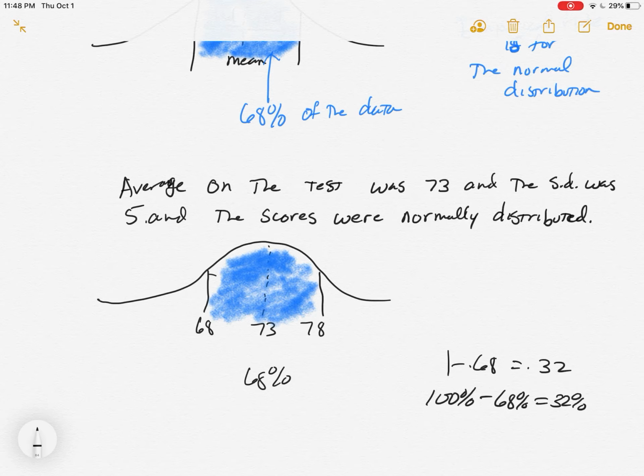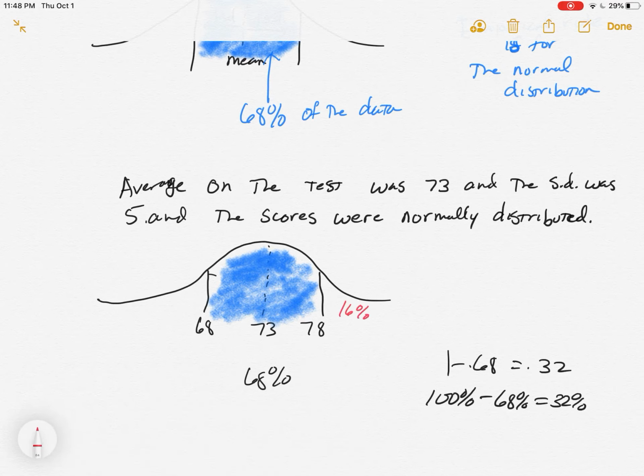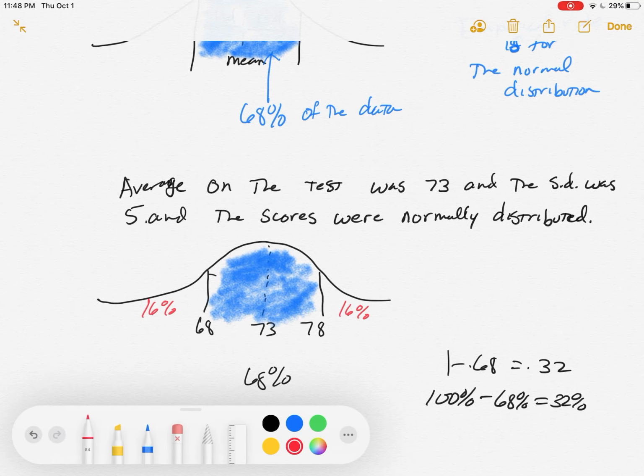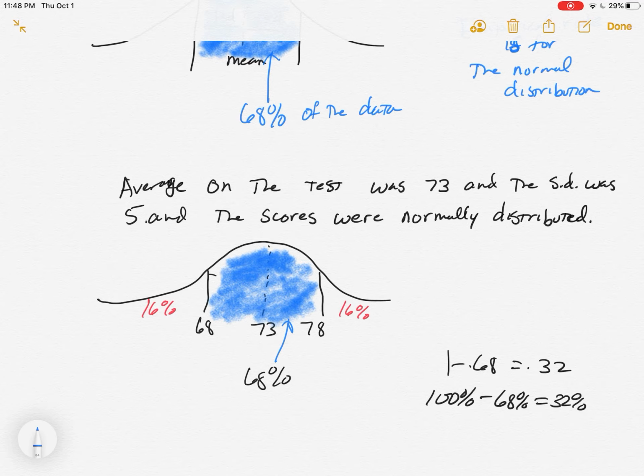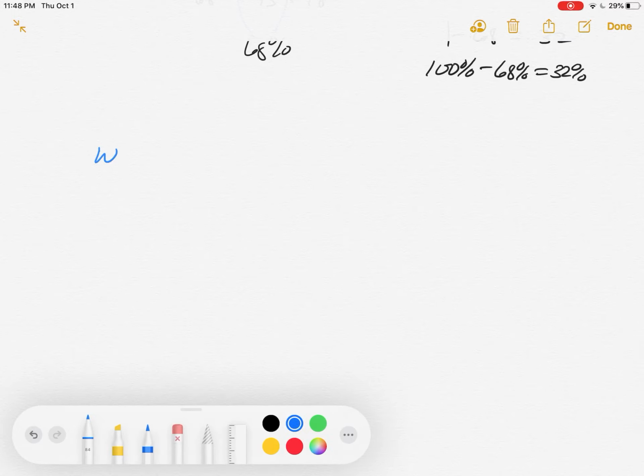What's half of 32? That's 16. So I'll put it in red: 16% of the data was above 78, and 16% of the data was below 68. Those are all things that we can infer from that. But 68% of the data is right in here, in that blue area. So let me go back to the black.